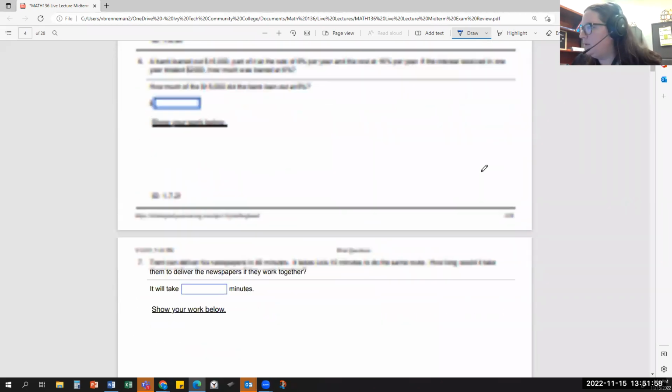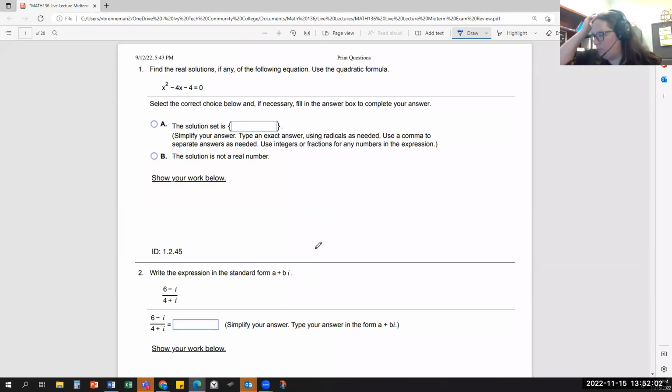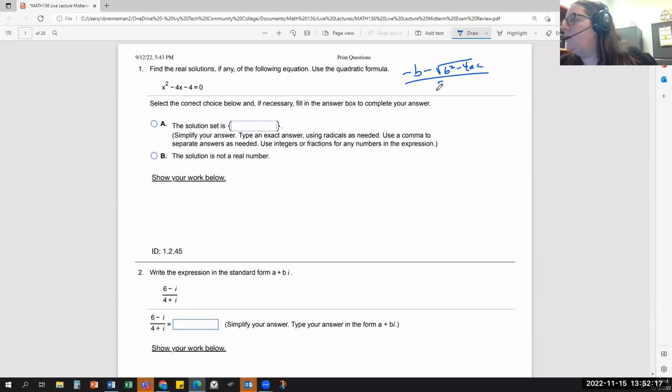Number 1 then was the next thing requested. You do have a recording of that, so it won't take too long. So quadratic formula, again, if you have any doubts whatsoever, it's on the formula sheet, look it up. It's negative b plus or minus square root of b squared minus 4ac all over 2a. And in this example, we have a is 1, b is negative 4, c is negative 4.